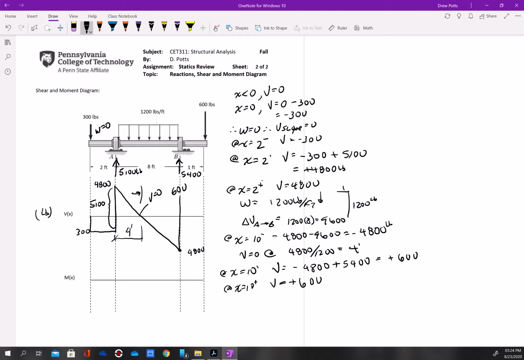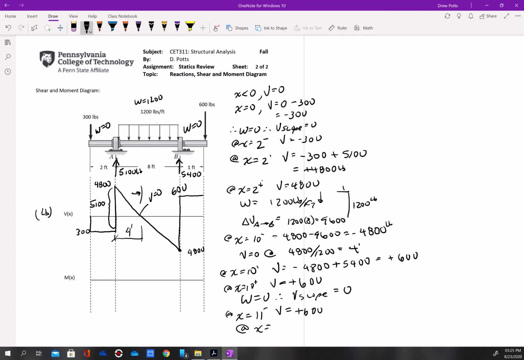Okay, again, W is 0. Remember here, W was 1200, so W is 0, so therefore the V slope is 0. Okay, so it goes straight across. So at x equals 11 minus, V is still plus 600.